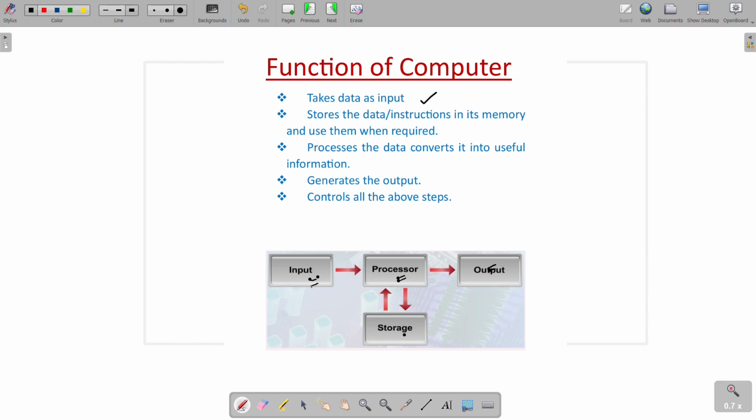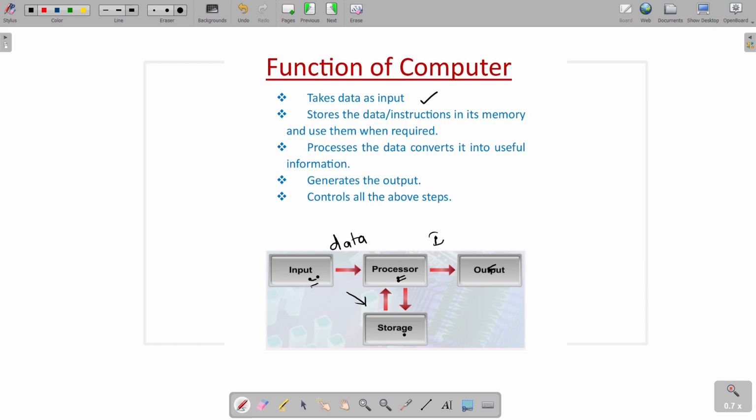Let me explain one by one. It takes data as input. Now we are giving the data, and it stores the data in its memory and uses it when required. Next step, it processes the data and converts it into useful information.